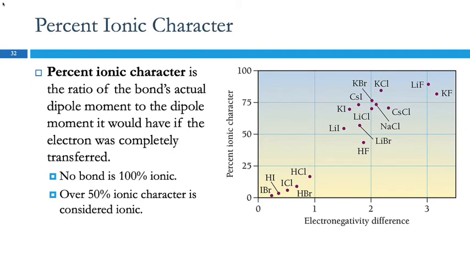Nonmetals form covalent bonds with each other. Above 50% ionic character would be considered an ionic bond, and all of these are metal-nonmetal combinations. This guy's pretty close, hydrogen fluoride, really close, but still under 50%. Two nonmetals, covalent bond.